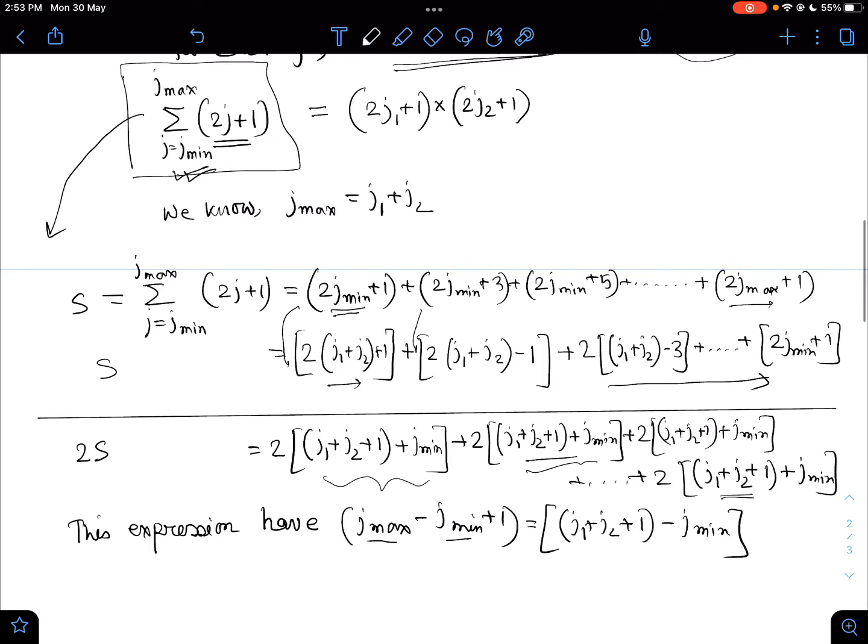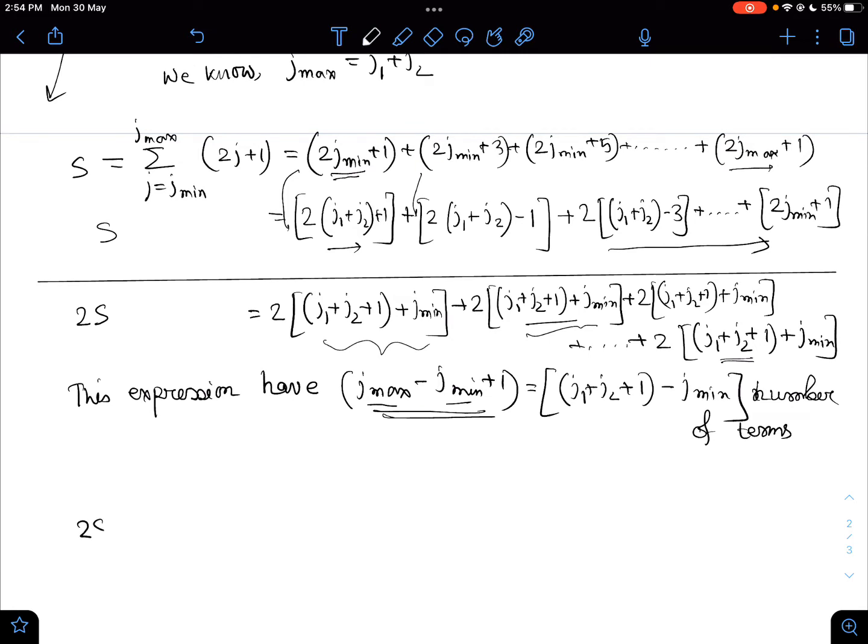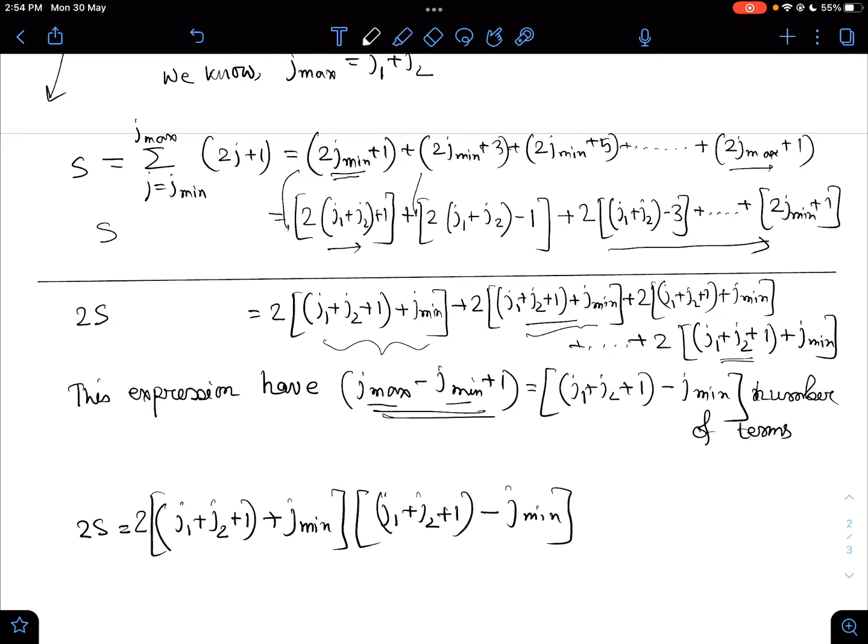So that is why there are this many terms in this expression. So we can write 2S as 2 into (J1 plus J2 plus 1 plus J minimum) into the number of terms, J1 plus J2 plus 1 minus J minimum.